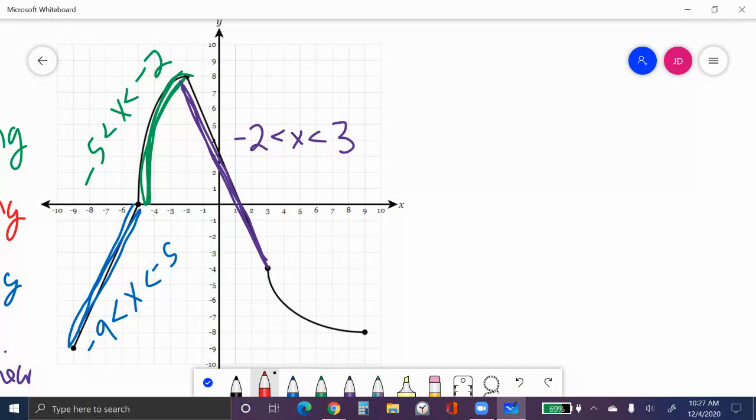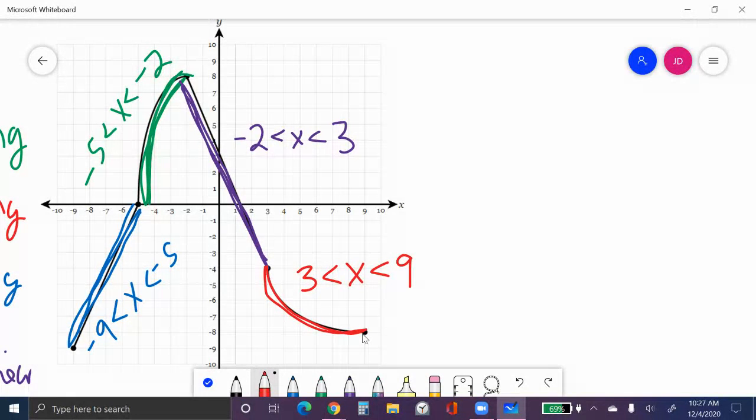And then this last piece right here is between 3 and 9. So there are four different pieces on this piecewise function. You have negative 9 to negative 5, negative 5 to negative 2, negative 2 to 3, and 3 to 9. So those are four different pieces to this function.